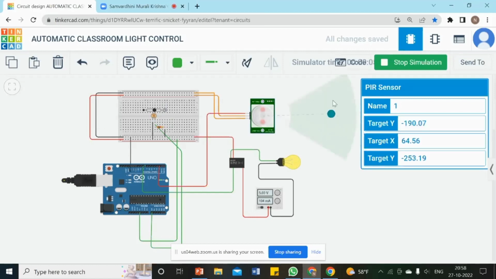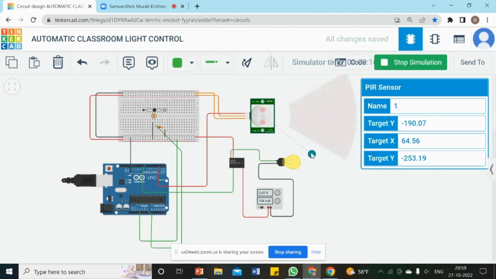When some students are present inside this particular area, let us consider this as a classroom. When they are present inside the classroom, the light glows. That means the automatic light system is working when the students or persons are present inside. When we go out of the classroom, this automatically detects the absence of the person.